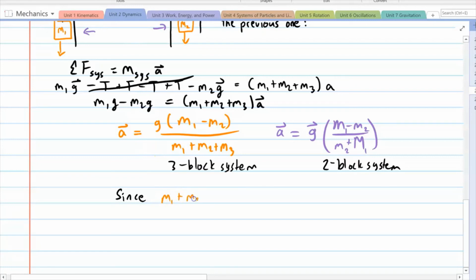since M1 plus M2 plus M3 is larger than M1 plus M2. That's obvious. And this term happens in the denominator.